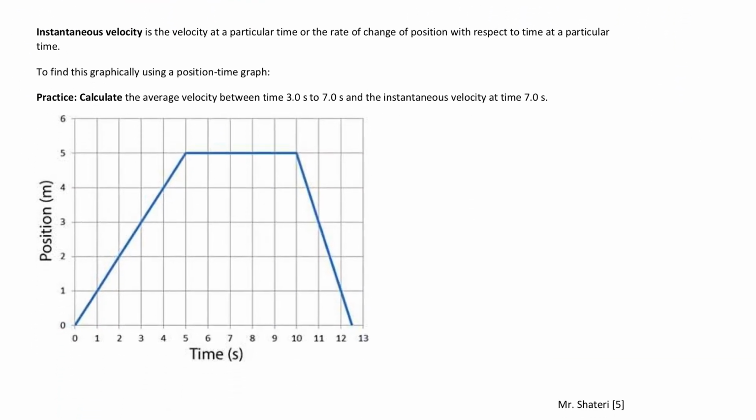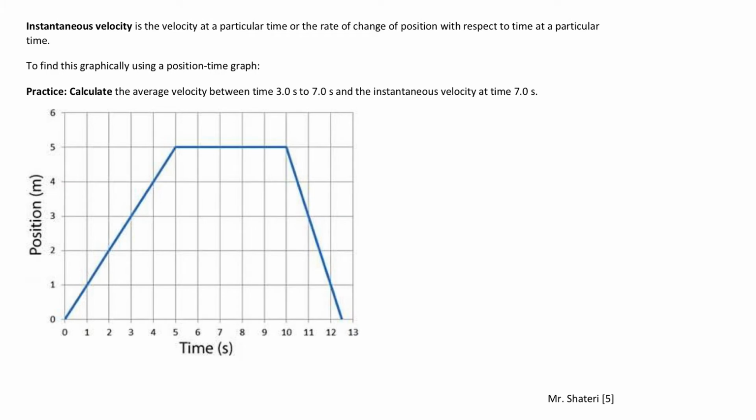How do we find instantaneous velocity? Well, instantaneous velocity is the velocity at a particular time, or we can also say it is the rate of change of position with respect to time at a particular time. Notice in the last one, when we were talking about the average velocity, we said the average rate of change, but this is the exact rate of change of position with respect to time.